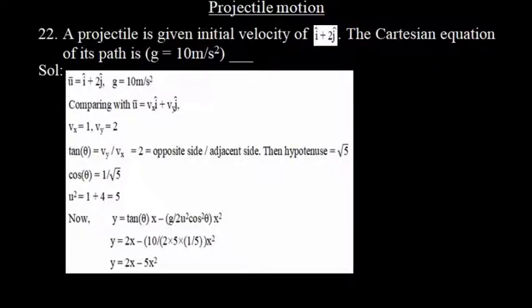We get 5. 5 into cos square theta, which means 1 by root 5 whole square, that is 1 by 5. 2 into 5 into 1 by 5 into x square. These 5 get cancelled, and 2 into 5 becomes 10. That is, we get 5. That is the whole equation. y is equal to 2x. For the second term, we get 5x square. Then the equation becomes y is equal to 2x minus 5x square.